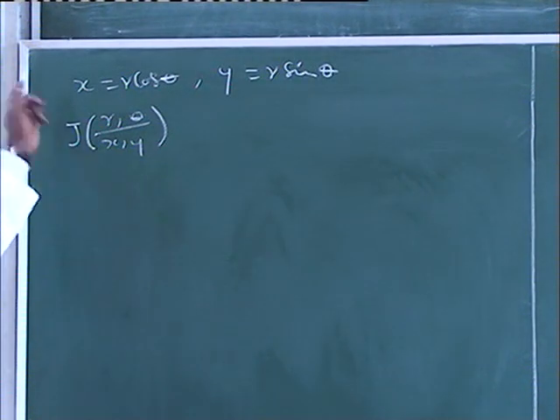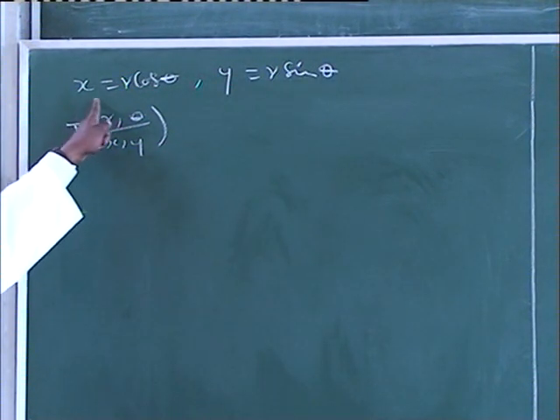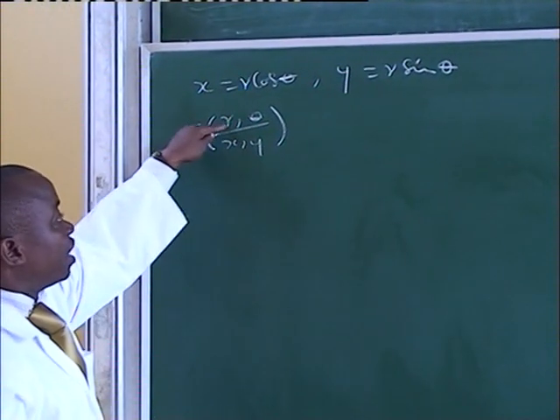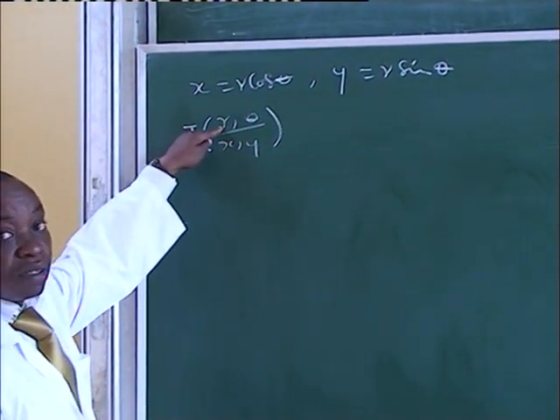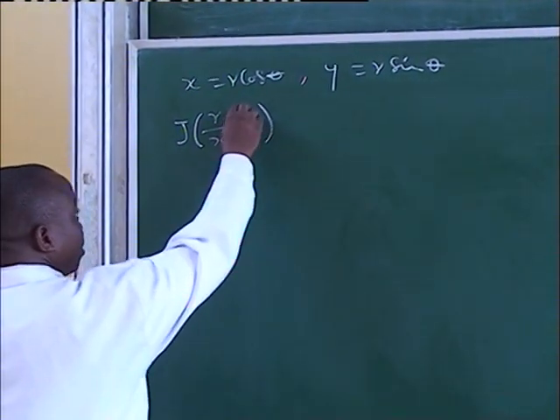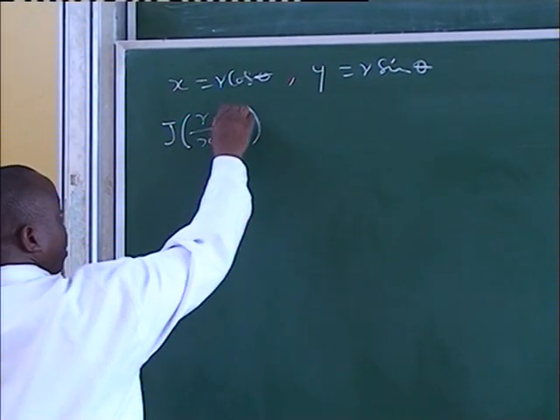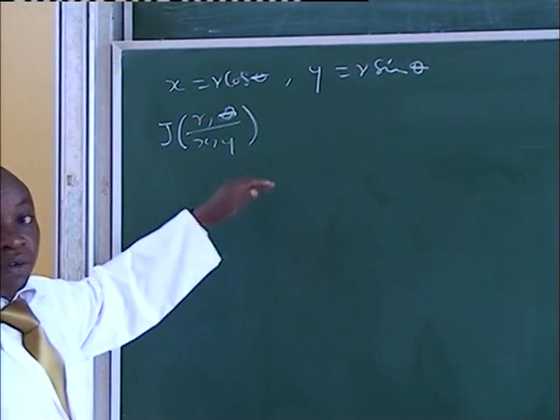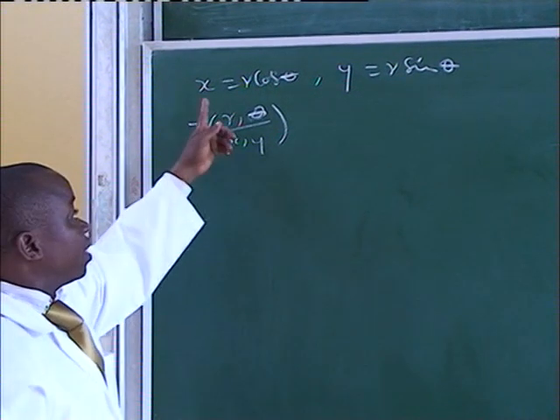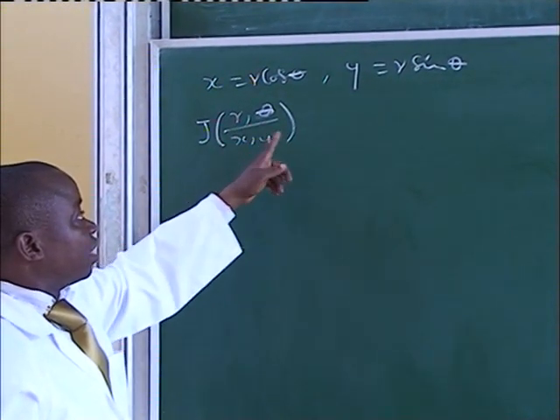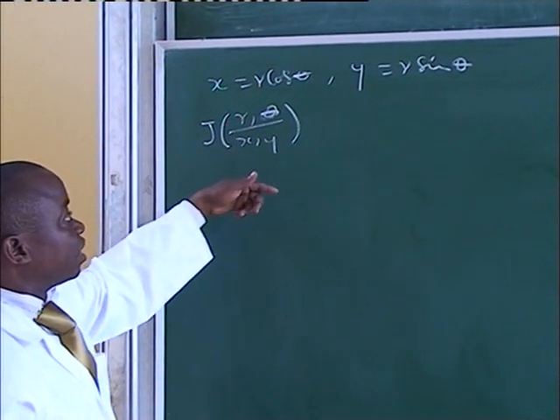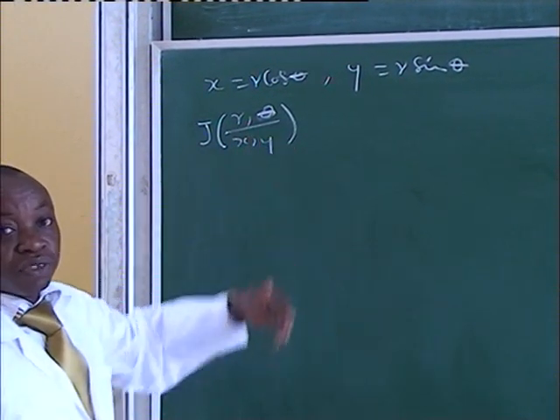We see the equation is not expressed in the form where r is a function of x and y, or theta is a function of x and y. So we are going to make r a function of x, y, and theta also a function of x, y.